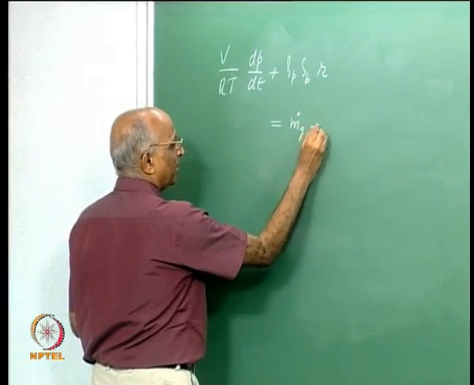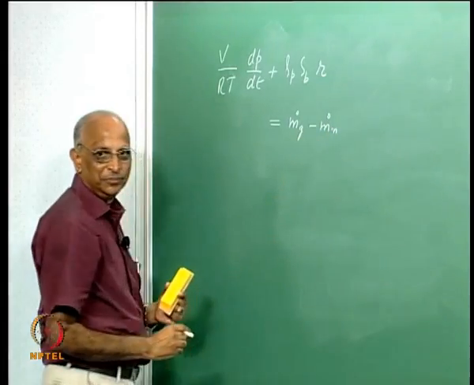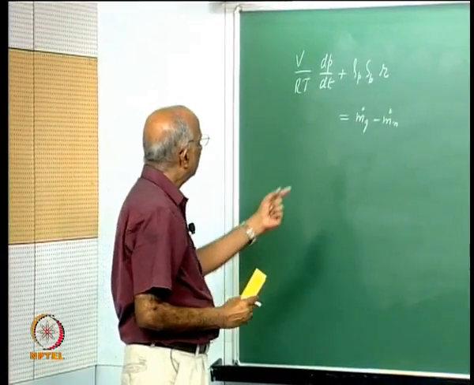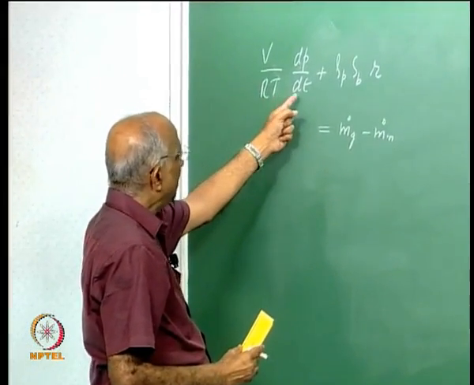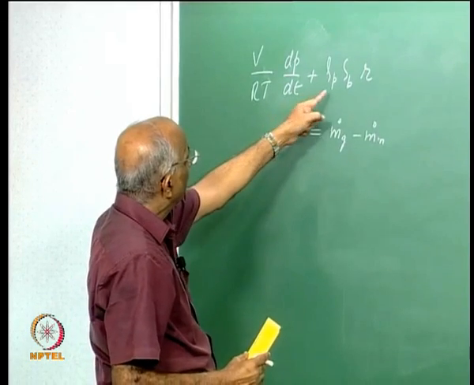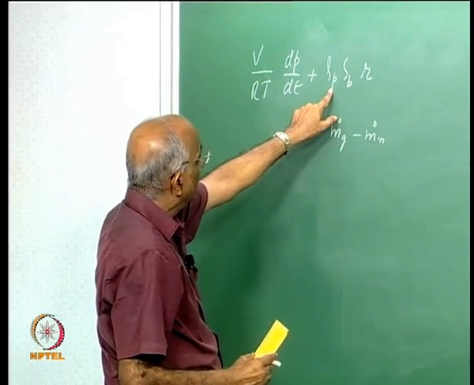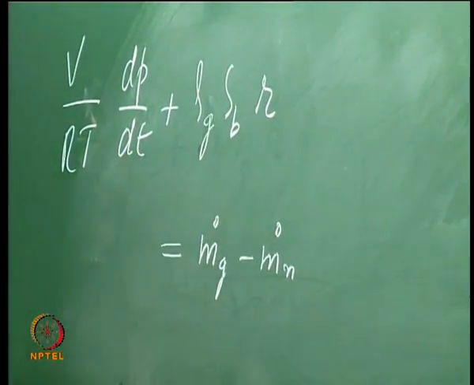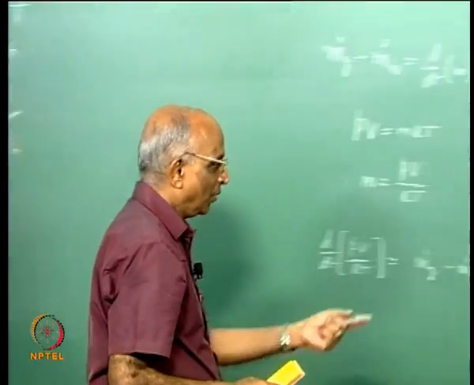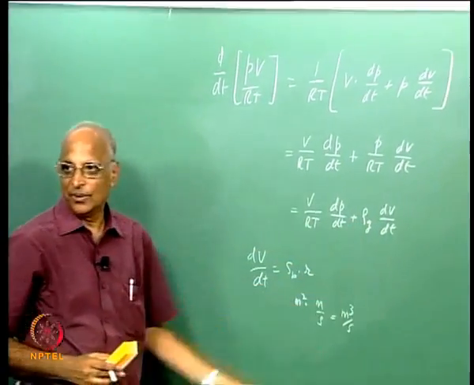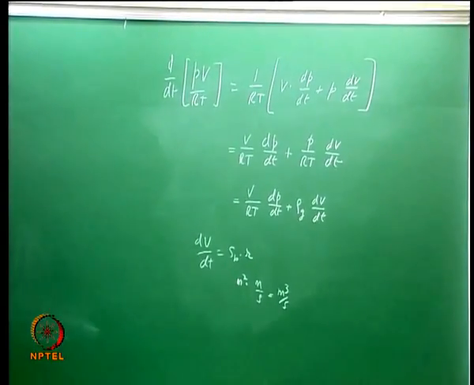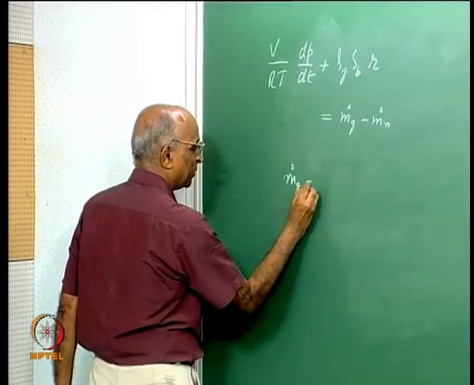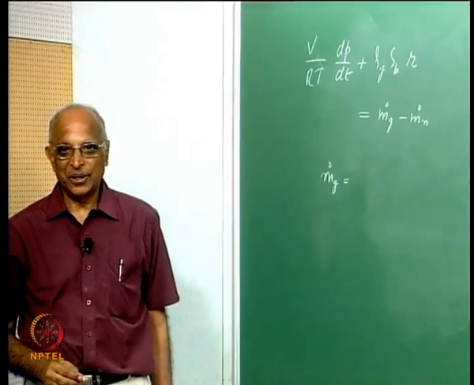M dot generated minus m dot nozzle, what is leaving. Is it okay? V by RT dP by dt plus rho g, yes, you are right. What we had here was rho g, which we multiplied by SB into R, very good. What is the value of m dot g in terms of pressure or in terms of burn rate?